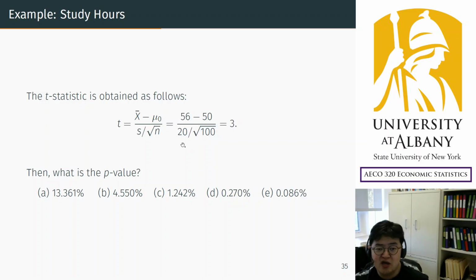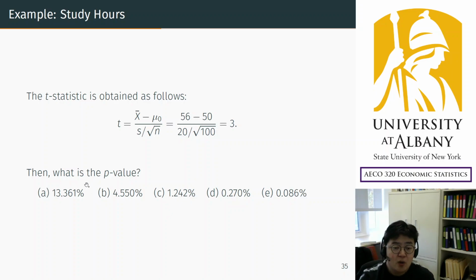By the way, you may interpret this t-statistic as the standardized difference. The difference between your observation and your belief is 6, and you standardize that with the standard deviation of x bar of the sampling distribution. So the difference between your observation and belief is standardized to be 3.